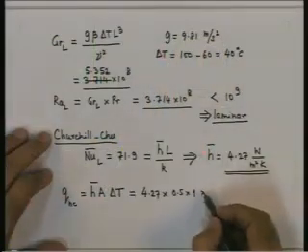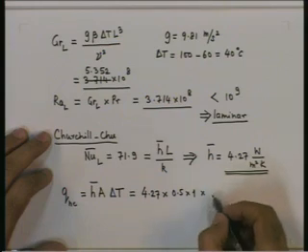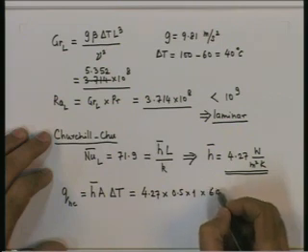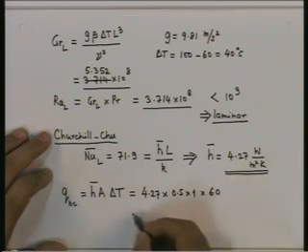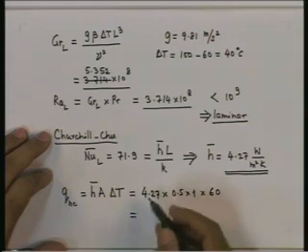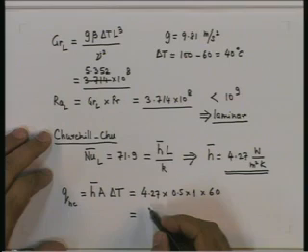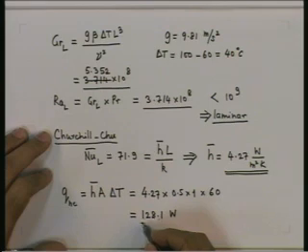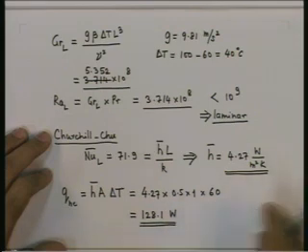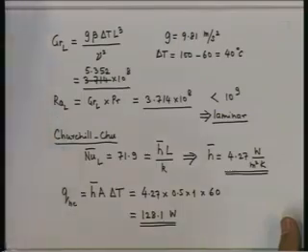This is 4.27, area of the plate 0.5 meters by 1 meter, height into width, multiplied by the temperature difference, which is 60 degrees C, and this gives us the natural convection heat flow rate to be 128.1 watt. So about 125-130 watt.